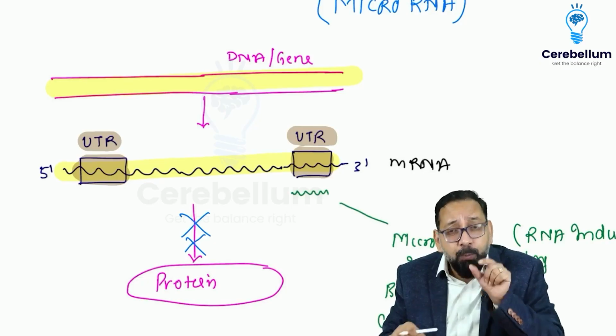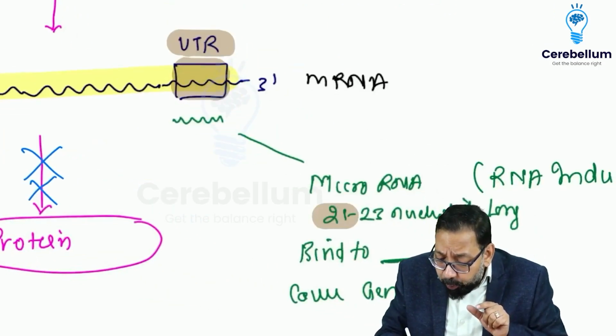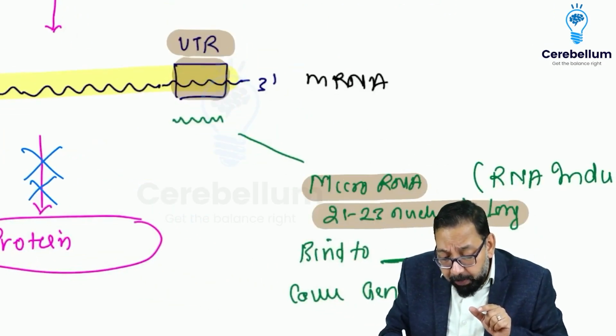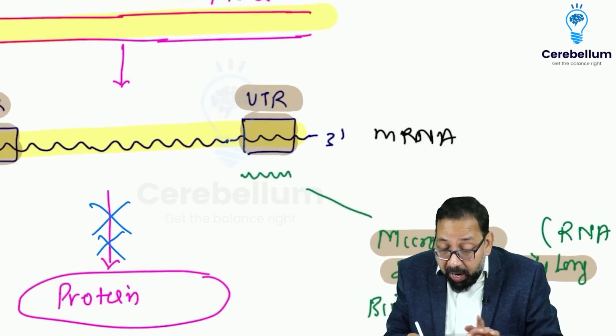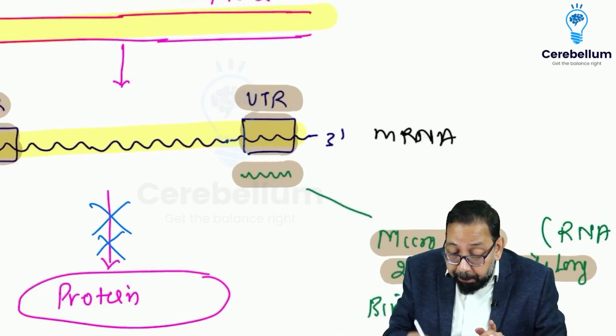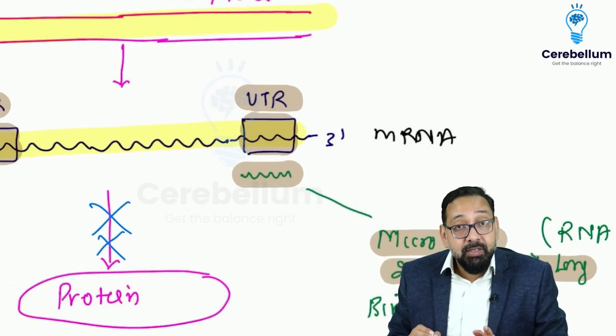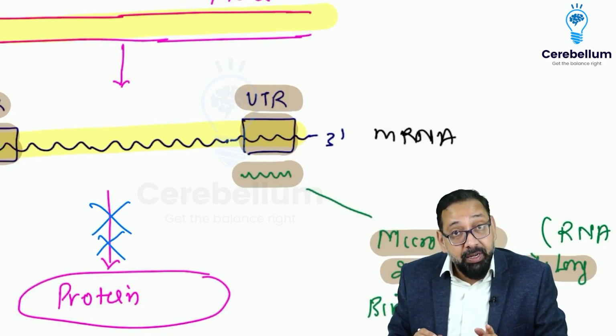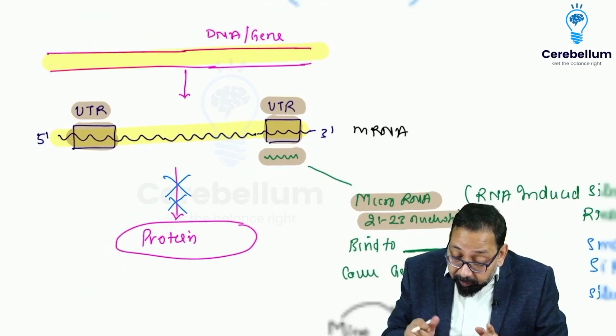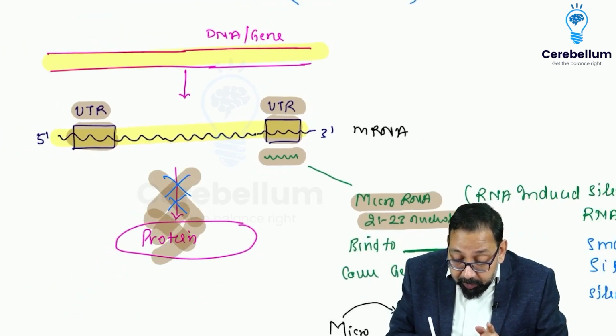The name itself tells you: micro. It is 21 to 23 nucleotides long. This is microRNA. This microRNA will come and bind to the 3' untranslated region of messenger RNA and will inhibit this protein synthesis.